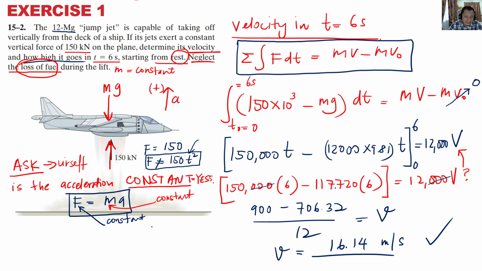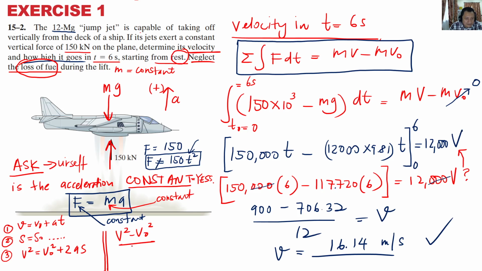If the acceleration is constant, you can use the three formulas that we have learned. Equation number 1, V is equal to V naught plus at. Equation number 2, S is equal to S naught and so on, a very long one. Third one, V squared is equal to V naught squared plus 2aS. Which formula is easy? It asks us to find S. I think use the third formula: V squared minus V naught squared divided by acceleration.